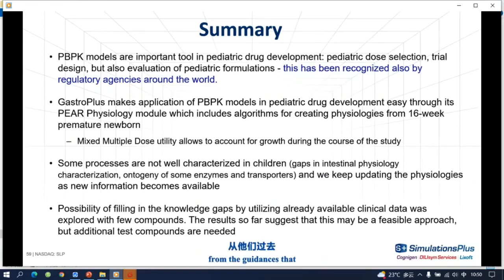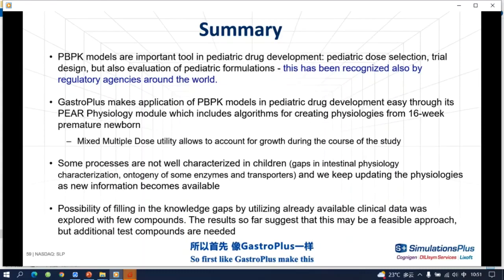And from the guidances that they have been issuing over the last few years, whether they are related to PBPK modeling in general, that include comments on how to use it for pediatric designs or pediatric drug development, or the specific pediatric PBPK guidance, it seems that the agencies are not only willing to consider or to look at the PBPK models, but they are actually expecting that the PBPK models will be used in determining some of these designs.